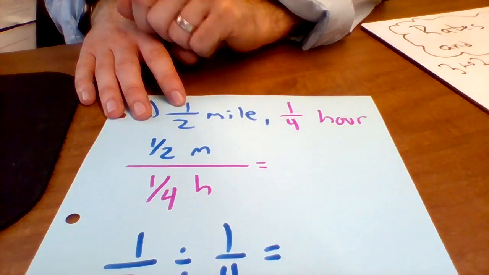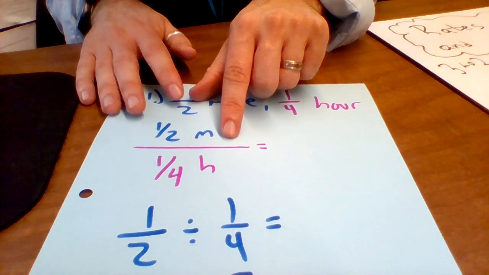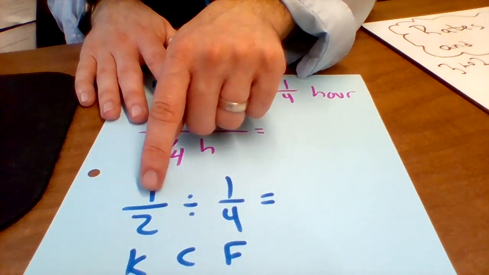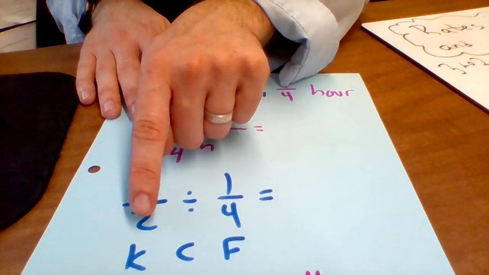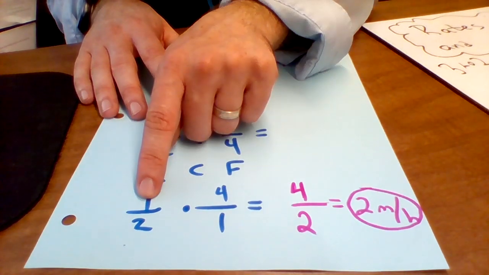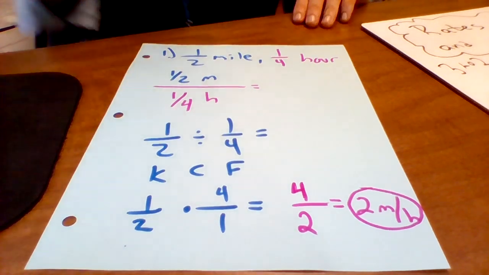Well, we know that the division bar means to divide, okay? And so to get 1/4 to a 1, we are going to divide our fractions, which means when we divide fractions, we're going to get really 1/2 divided by 1/4. We are going to use keep, change, flip. So now I keep my first fraction, 1/2. I change it to multiply.